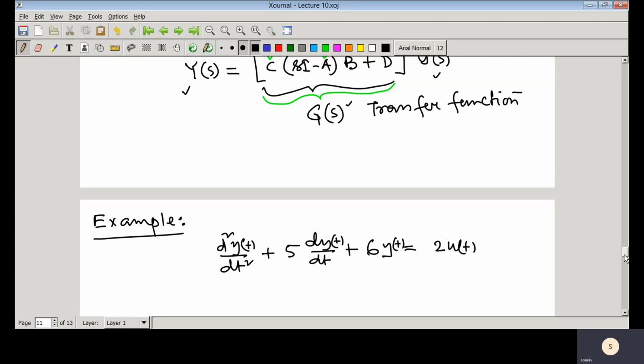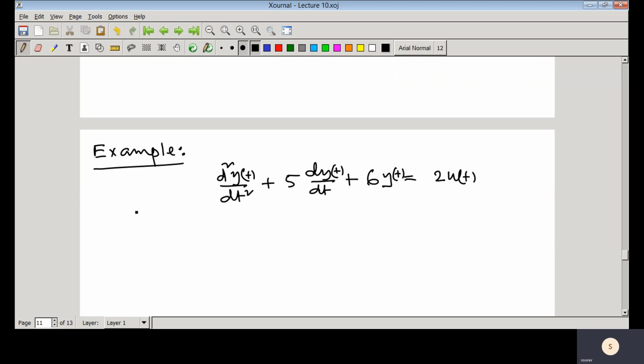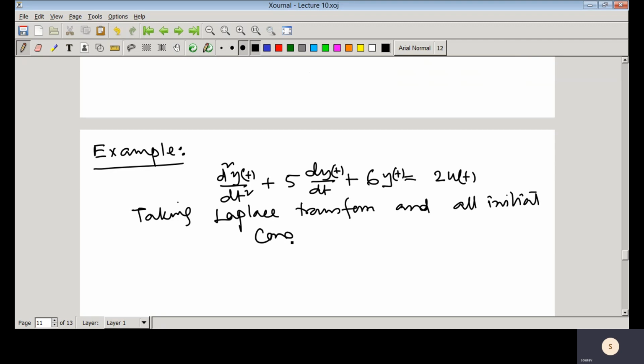So then from here, just by taking the Laplace transform, and all initial conditions are 0, what do you get?